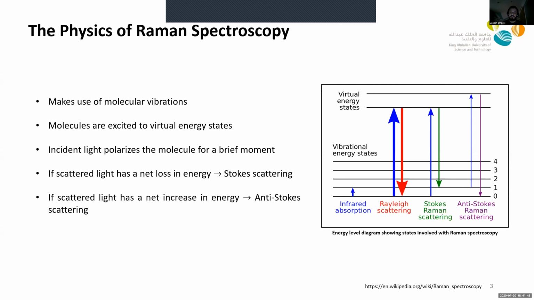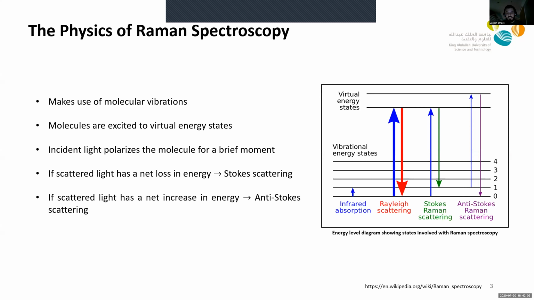It gets polarized for a very short time and then returns to its original or to a slightly different state. Specifically, if you find a molecule that is on the ground state, you excite it to a higher virtual energy state, and then it goes back not to the original state, but to a slightly higher vibrational energy state, then that means that you're having energy loss, and that's what we call Stokes-Raman scattering.